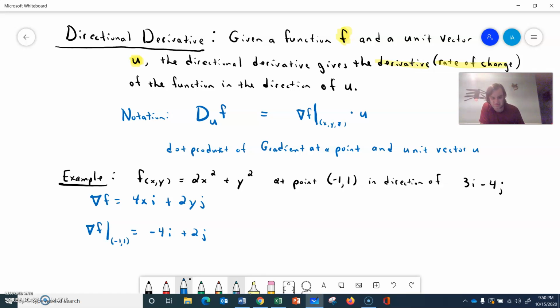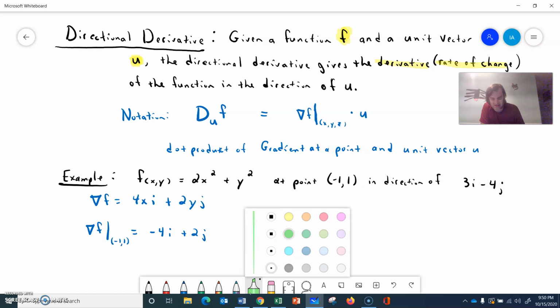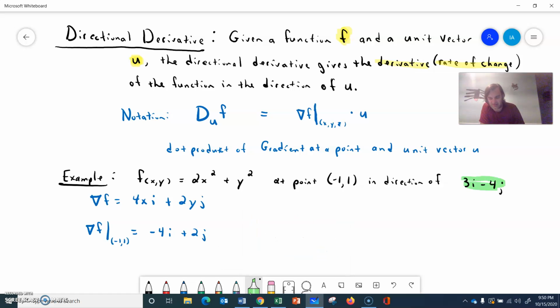Now, the direction we were given here was 3i minus 4j. So let's find the magnitude and divide that out. The magnitude of 3i minus 4j is the square root of 3 squared plus 4 squared.